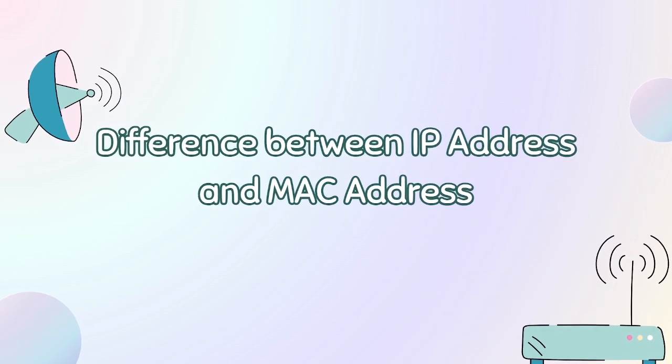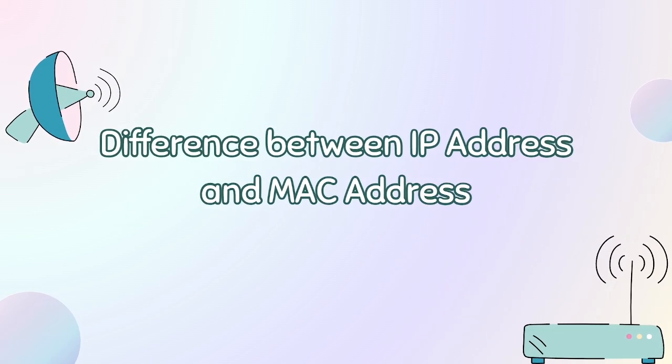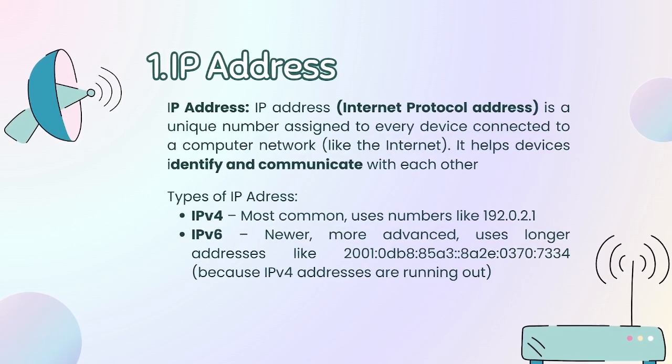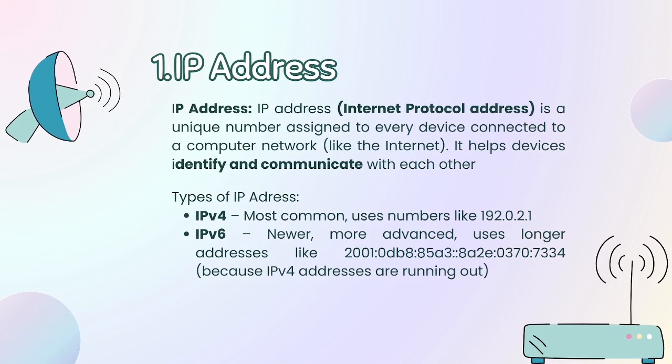What is the difference between an IP address and a MAC address? An IP address, or Internet Protocol address, is a unique number assigned to every device connected to a computer network, like the Internet. It helps devices identify and communicate with each other.